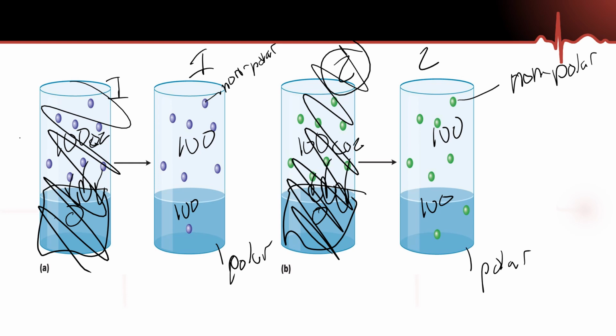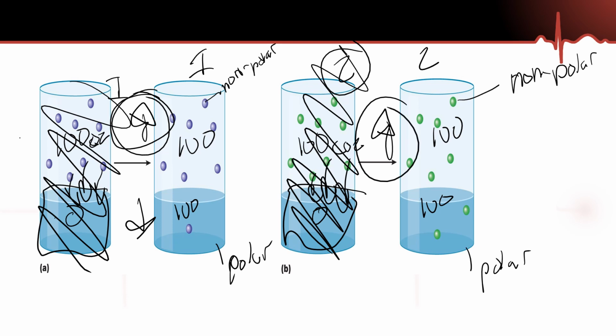And yet again, in both instances, there's going to be much more gas in the air than there is in the fluid. There's going to be much more oxygen within the air in terms of a concentration, in terms of a number, than there is in the fluid. There's going to be much more carbon dioxide within the air than there is carbon dioxide within the fluid. Yet their partial pressures will be at equilibrium.